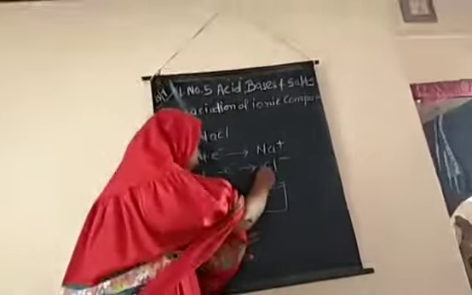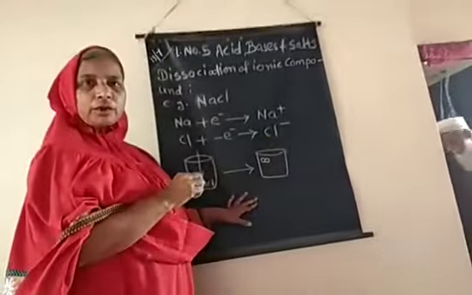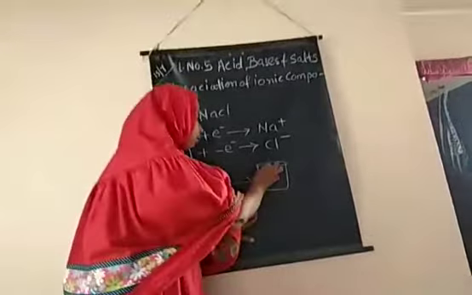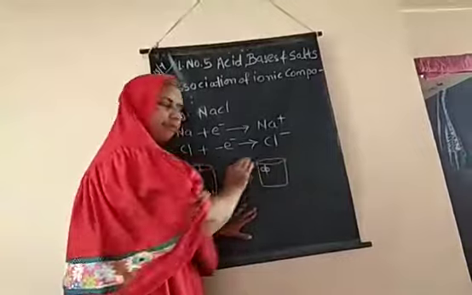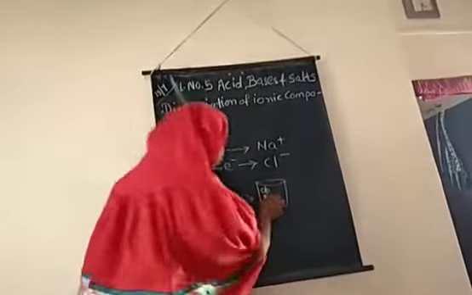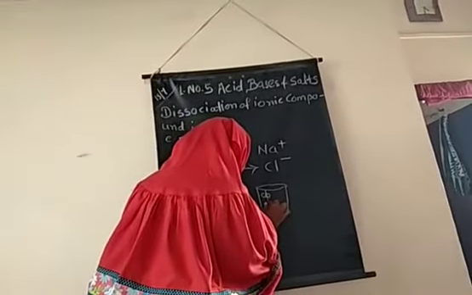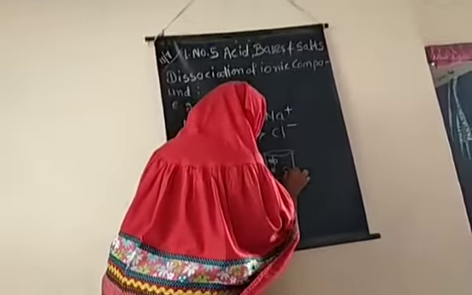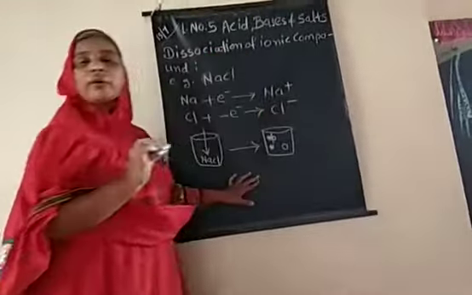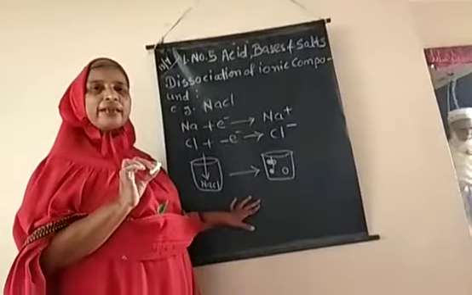But when sodium chloride is dissolved in water, water pushes these two ions and separates them. In this way, these two ions are separated. This is the sodium ion and this is the chlorine ion. So water pushes and separates the sodium ion and chlorine ion.